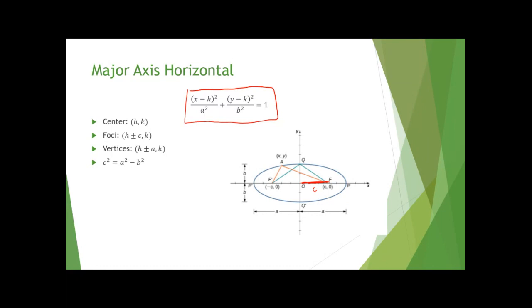You can see b here is this distance over here, and then c is that smaller distance. And so you can form triangles, figure it all out. But I wouldn't worry too much about that. I would just worry about these 4 formulas and then the formula for the major axis horizontal.